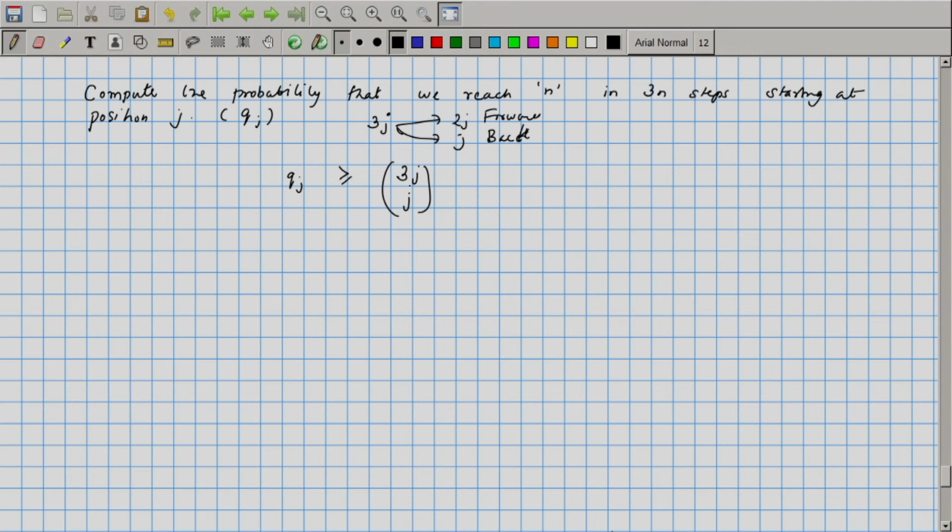So, this times forward moves happen with probability (1/3)^2j times (2/3)^j. Okay. So, this quantity here is the probability that in the first 3j moves, 2j are forward and j are backward.